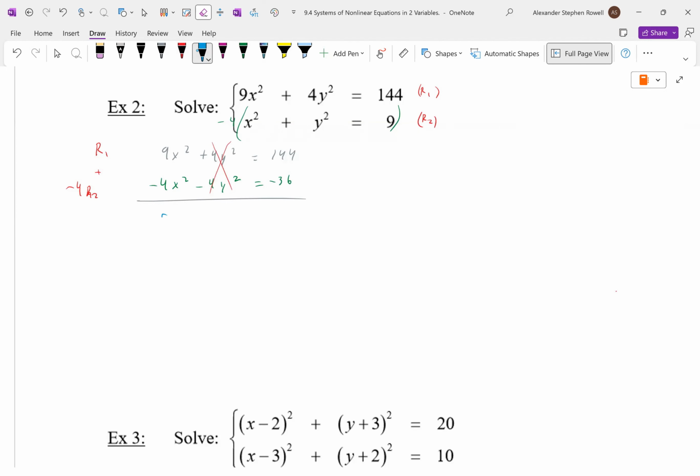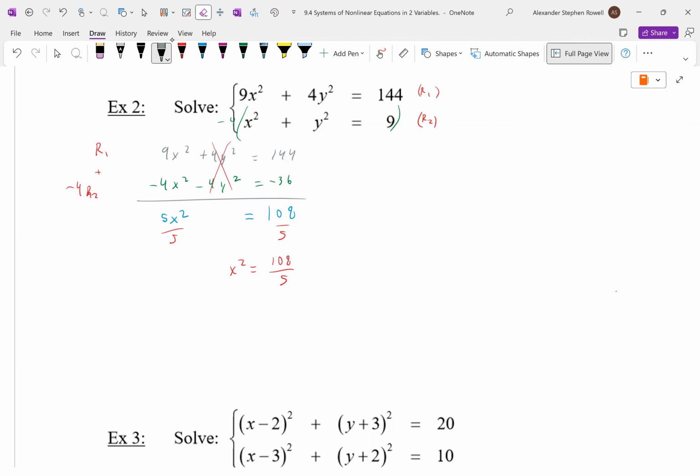And we get 5x squared is equal to 108. Oh man, sorry. Let's divide by 5. I realized in my notes I eliminated x first. It turns out that's way nicer, and I'll point out why in a second.